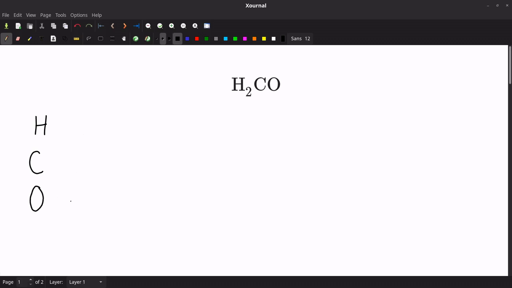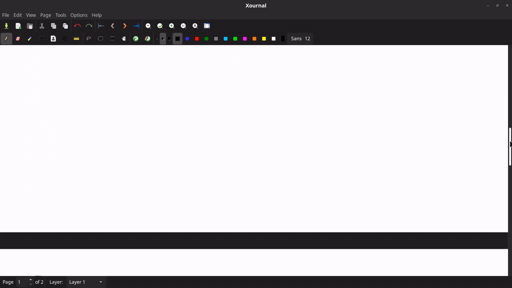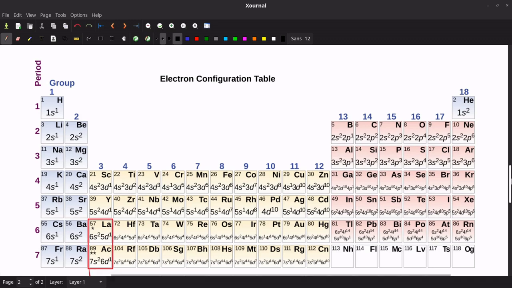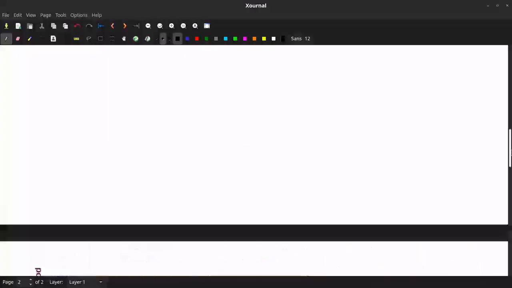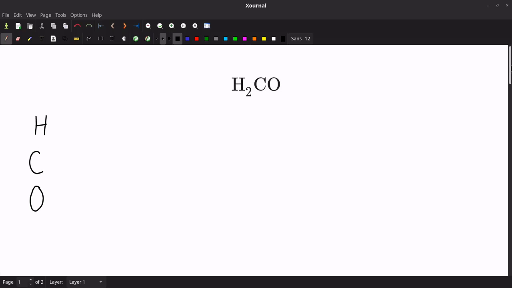Next we'll need their electron configurations. If we refer down to our table here, we can find the valence portion for all of them. Here's oxygen, here's carbon, here's hydrogen. And that would allow us to see that hydrogen's is 1s1.